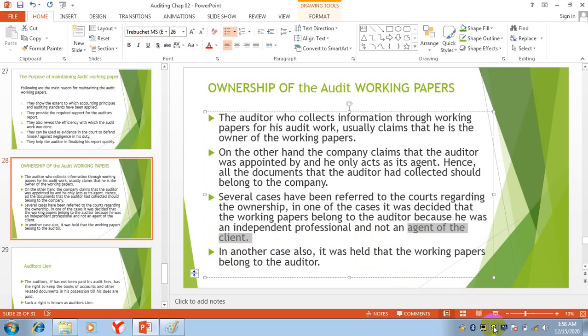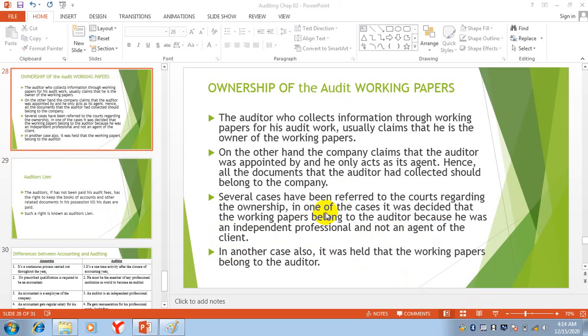So in this case, these are not the ownership of the company. Since the auditor is an independent professional and is not an agent of the company, these working papers belong to the auditor.